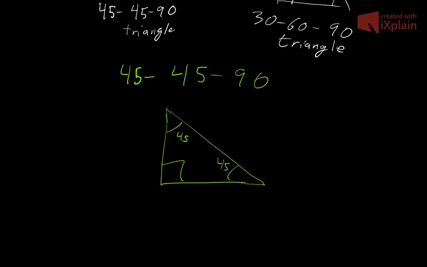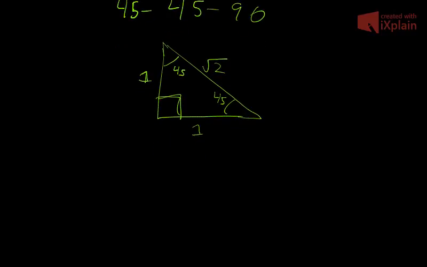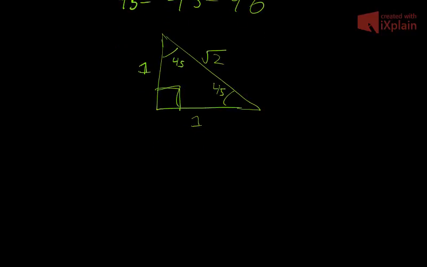So all the triangles that look like this are going to have ratios of 1, 1, and square root of 2. Anytime you see a right angle and two 45-degree angles, the ratios here are going to be 1, 1, and square root of 2. And that's just the end of it. So anytime you see a triangle similar to this, you can set up a ratio like we were doing with the similar triangles to find the other sides.